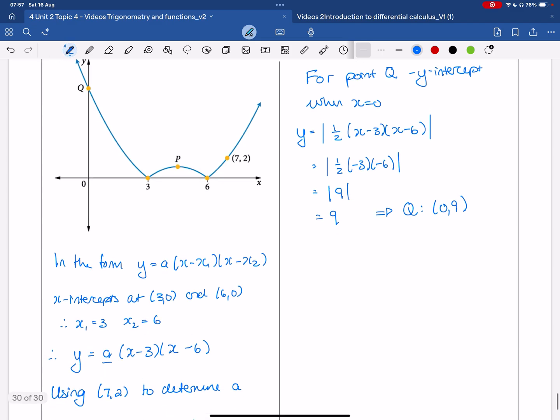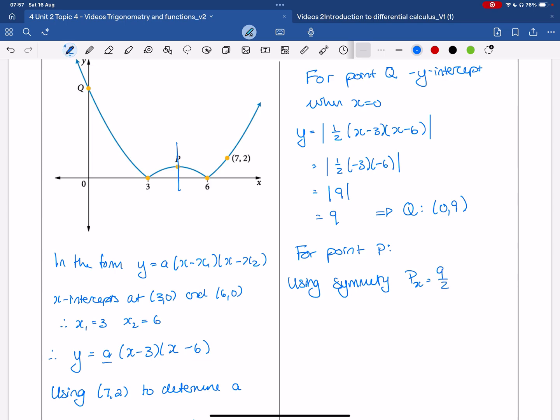Okay, to find P, well, I know that it's symmetrical. The x value will be halfway between my x-intercepts. So I can start with that to get my x value, and then I can use that to find my y value. So for point P, using symmetry, halfway between 3 and 6 is 4.5.